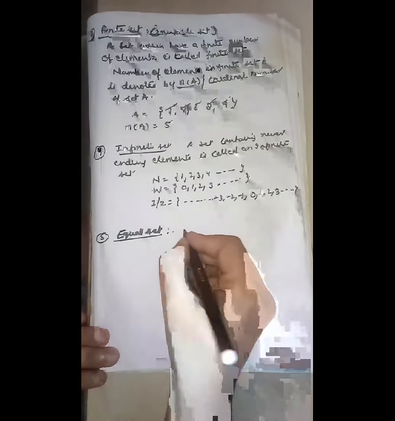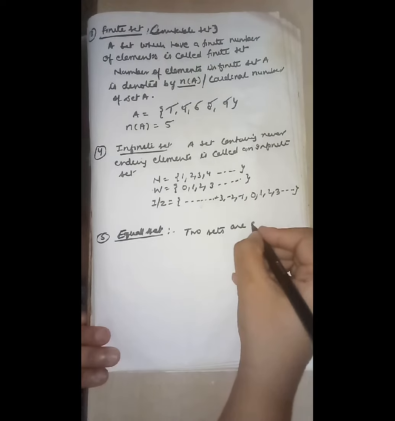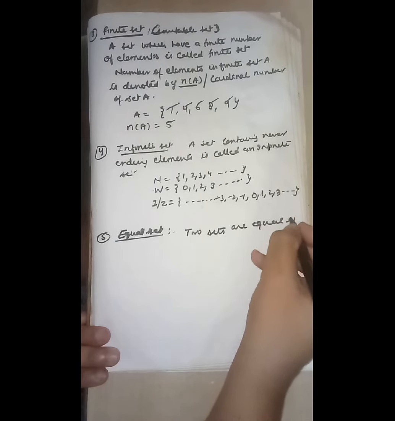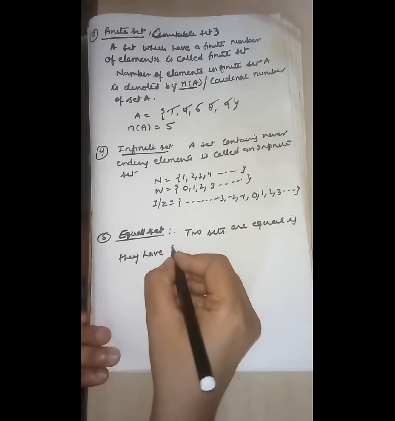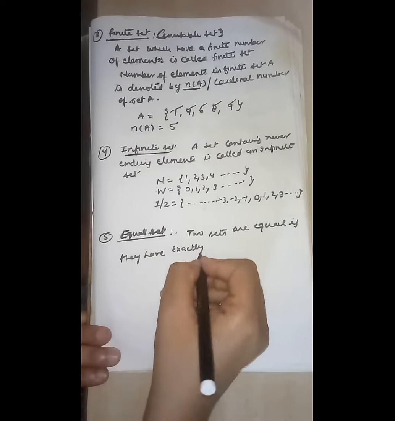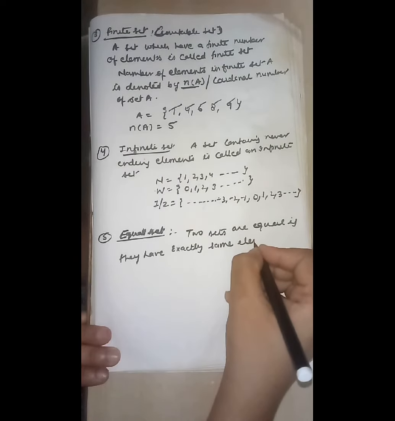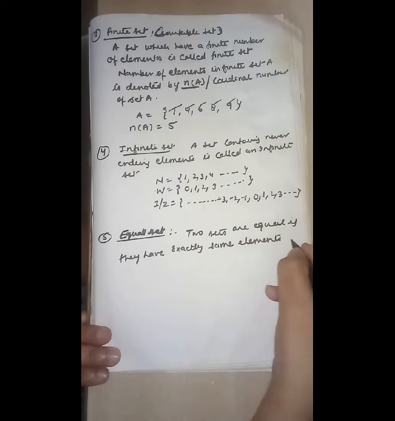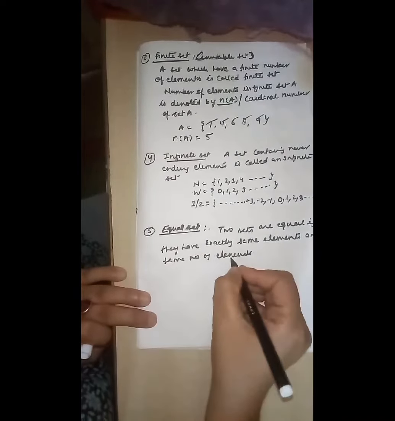So two sets are equal if they have exactly the same elements and the same number of elements.